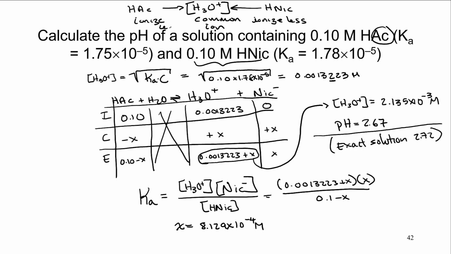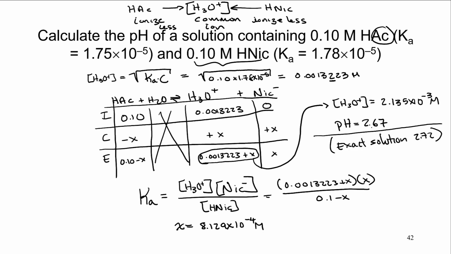What does that mean about pH? Well, it'll be a little bit less acidic because the ionization is being suppressed for both. And when you look at the pH for the exact solution, it's a little bit higher than the pH for the independent ionizations. And this is generally true when you have multiple equilibria in solution.